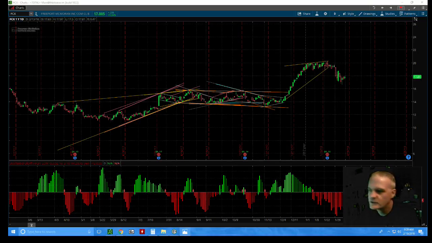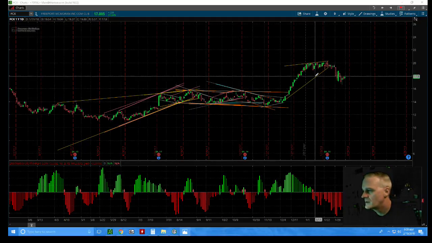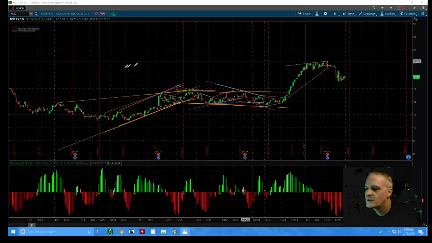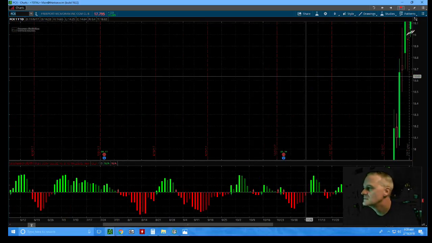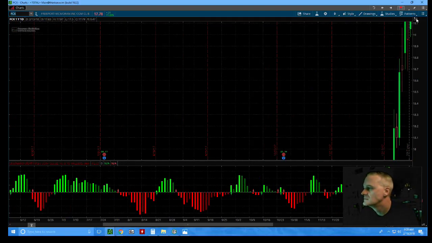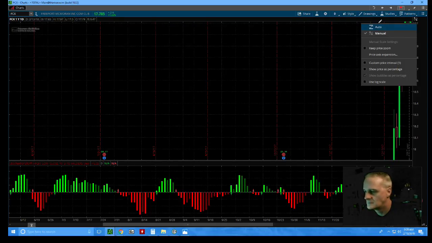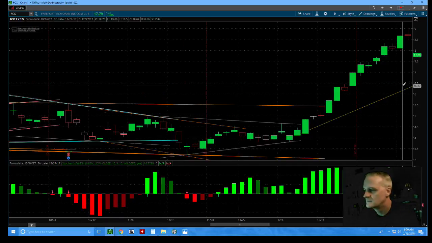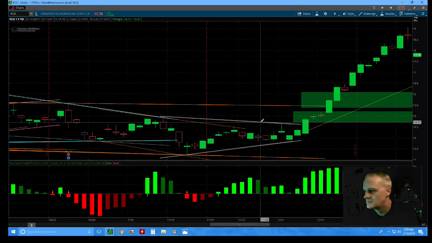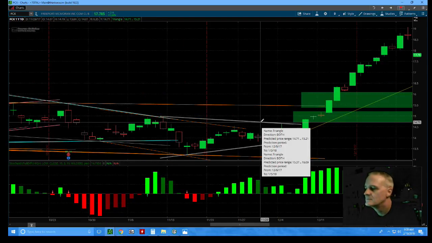Rising wedges are bearish. And you hover over the chart and it will tell you where the price action is likely to go. And it was right. Now these aren't always right. That happened to be right.